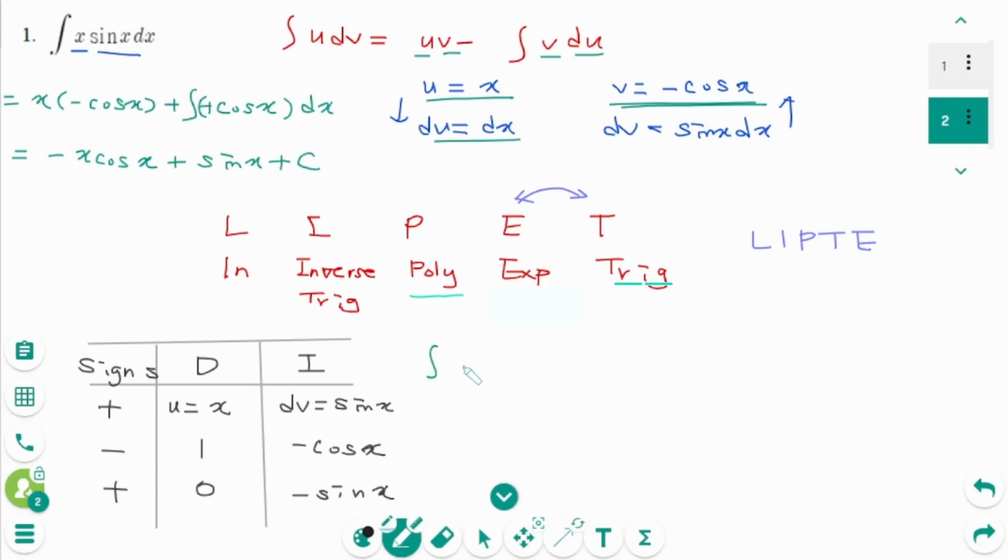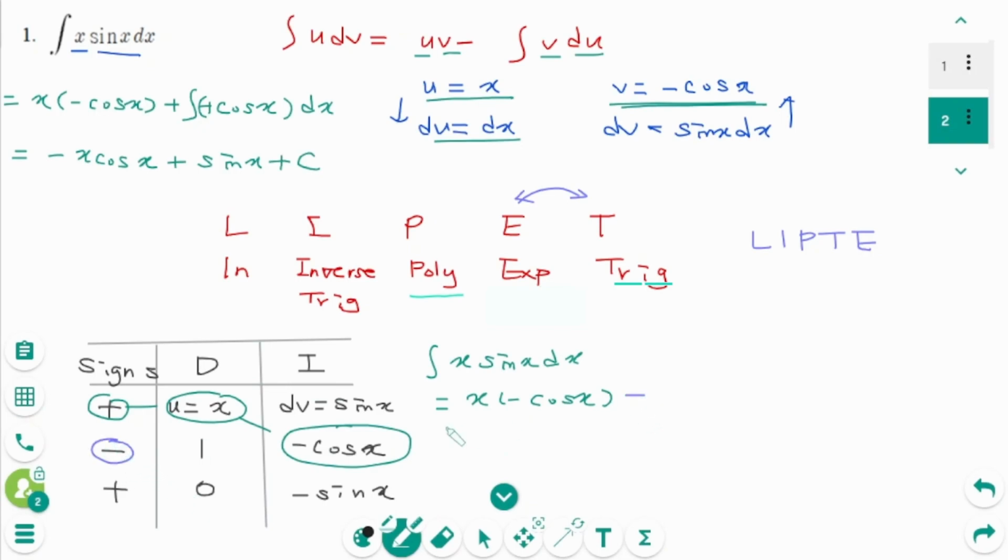The integral of x sine x dx equals, starting with the plus sign, the derivative multiplied by the integral below it, before 0. Then x times minus cosine x, then minus 1 times minus sine x, plus c.